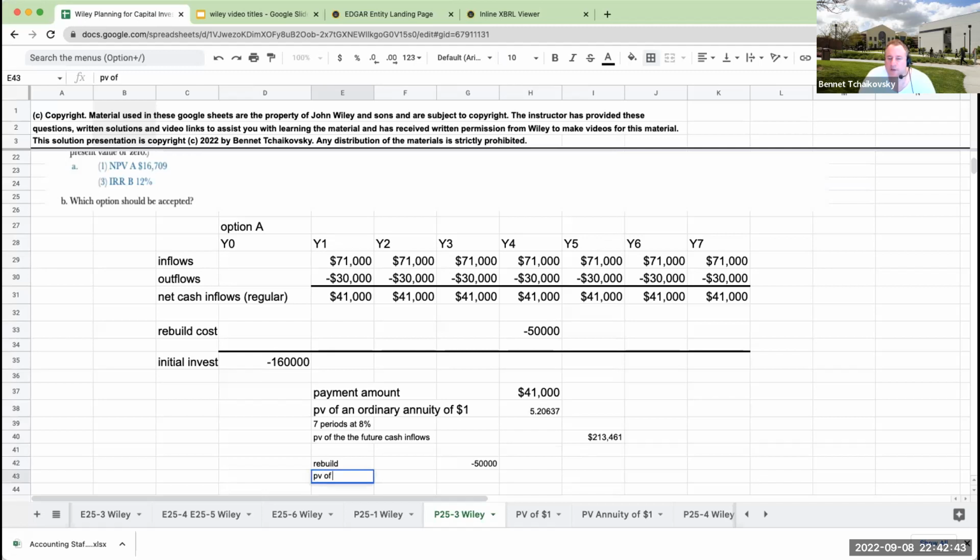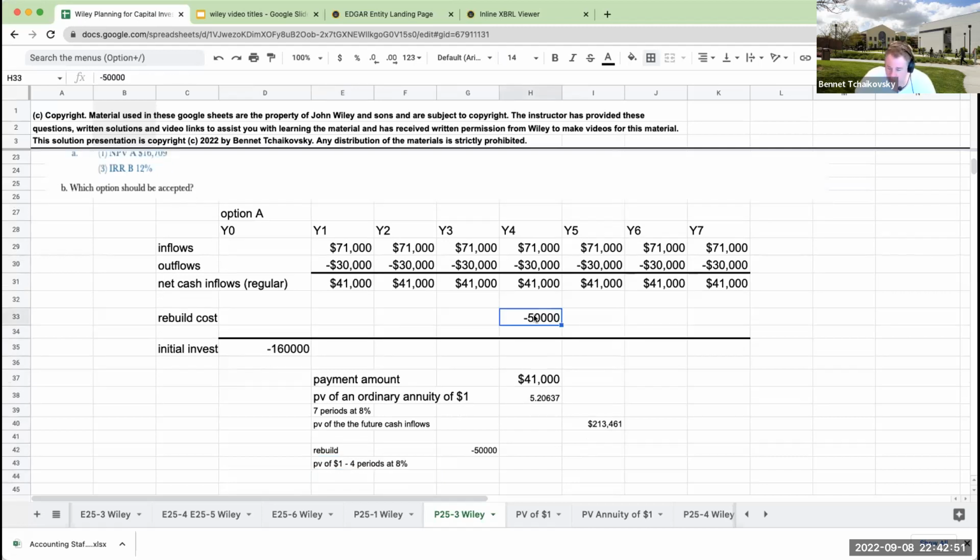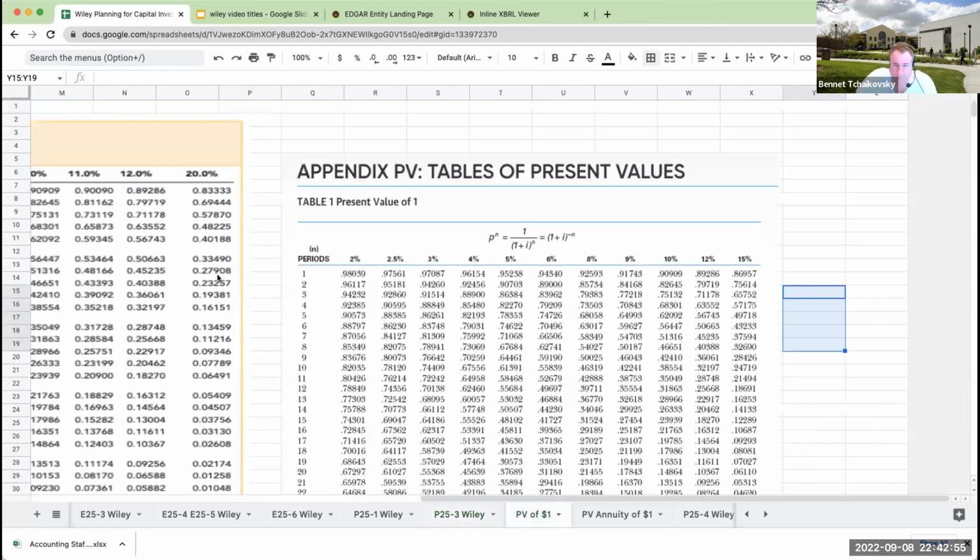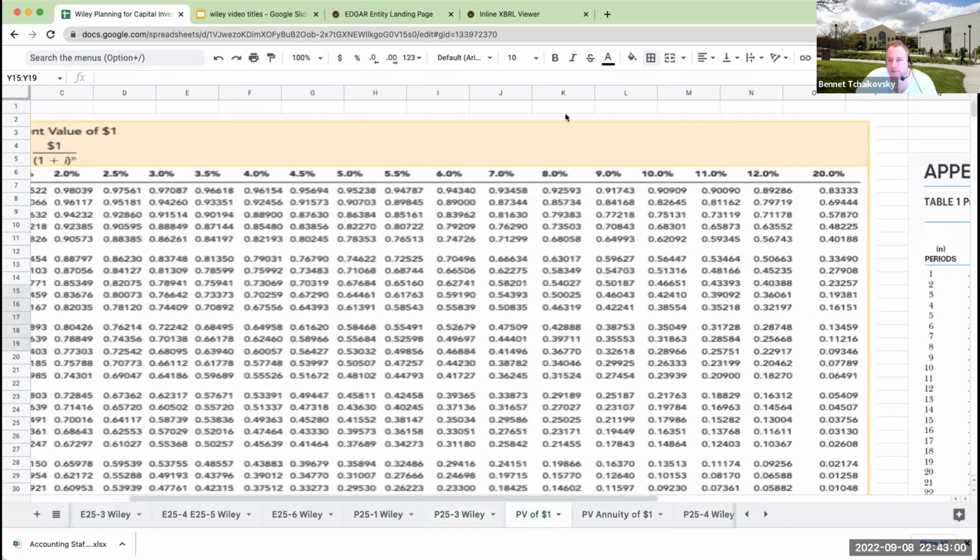So this is going to be present value of $1, 4 periods at 8%. Why is it 4 periods? Because it's going to have to be paid 4 years from now. So here, 4 periods at 8% is going to be 0.73503.